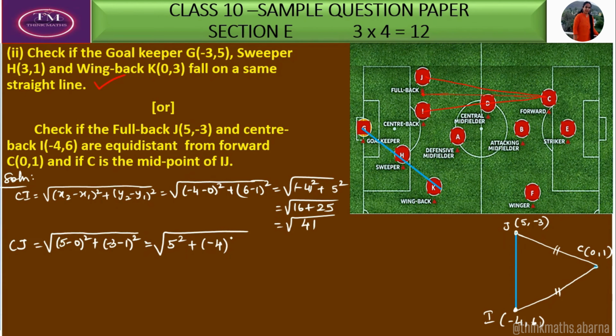So if we add, we will get 4. So 5 square is 25, minus 4 whole square is 16. So we will be getting 41, root of 41. So CI equals CJ equals root 41. This means I and J are equidistant from C.